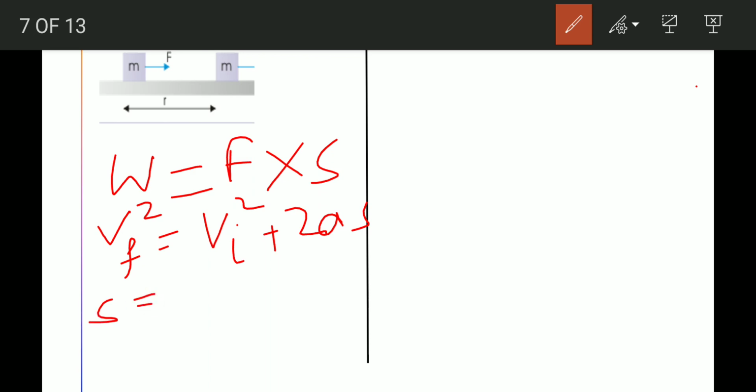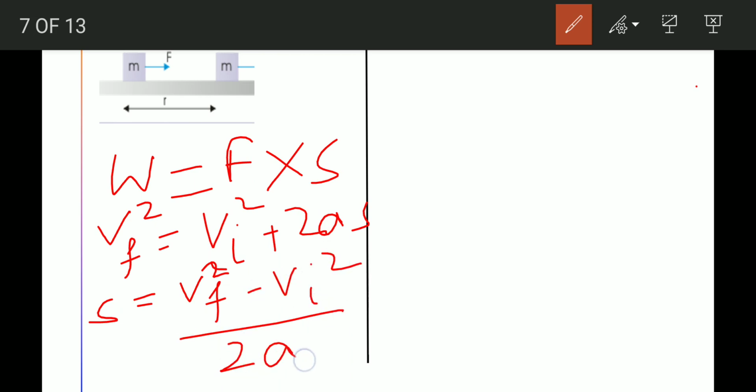This would be the expression for the distance travelled by the body. Also, from Newton's law, F equals ma.